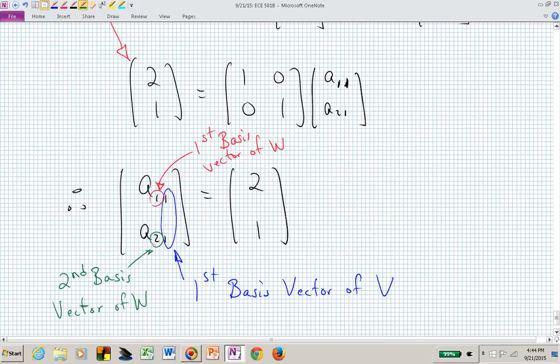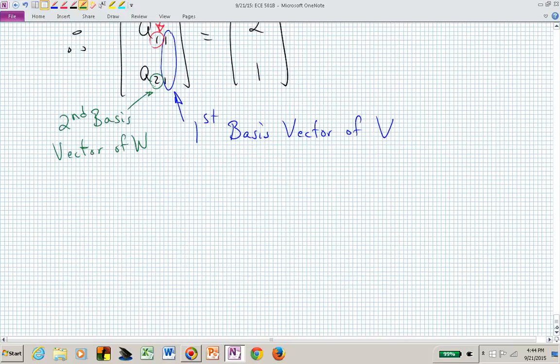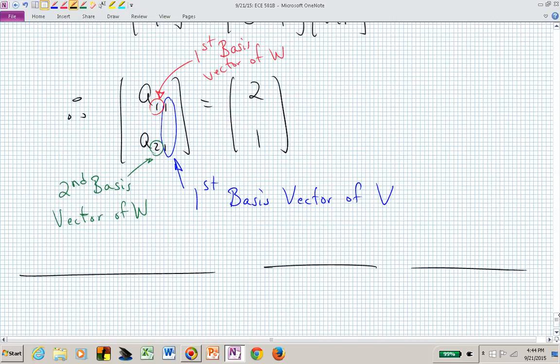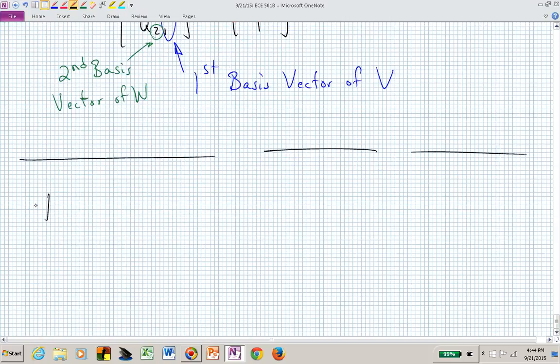A sub 2, 1 says, how do I weight the second basis vector in my codomain in order to produce this result 2, 1 that I'm looking for? Now we have the first column in our matrix representation. That's going to be 2, 1. Let's look now at T applied to V sub 2.